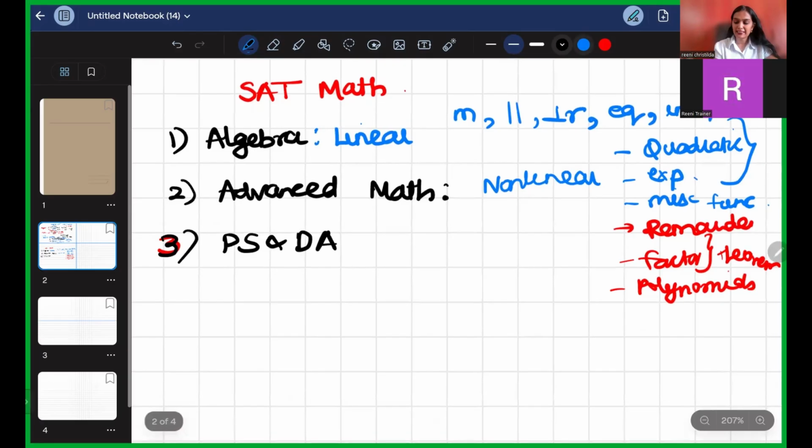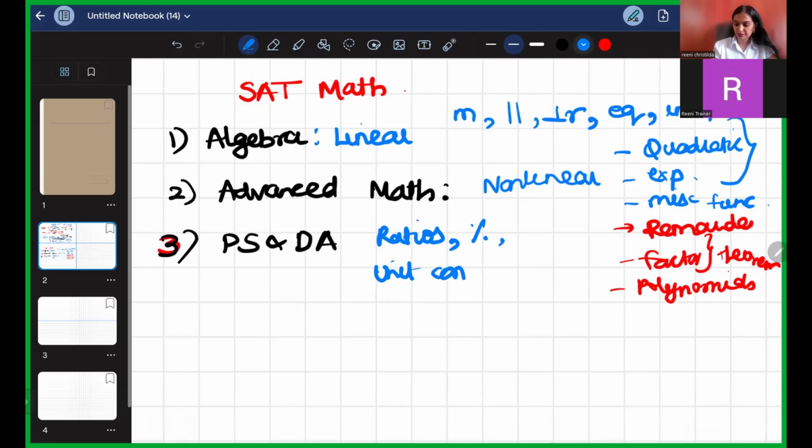So you have all practical topics like ratios, percentages, unit conversions, and time, speed, and distance. All data statistics tools like average, median, mode, sampling, and surveys are all covered here.